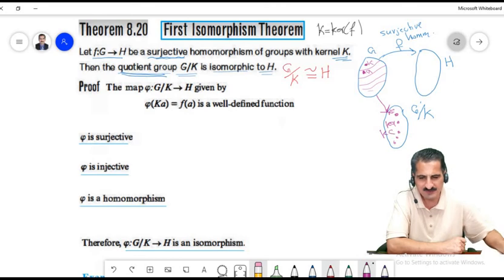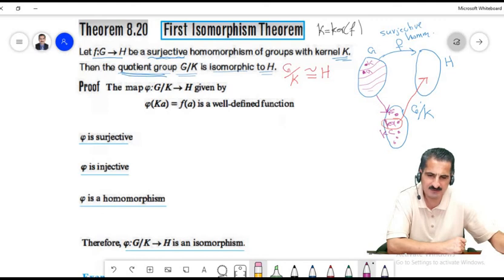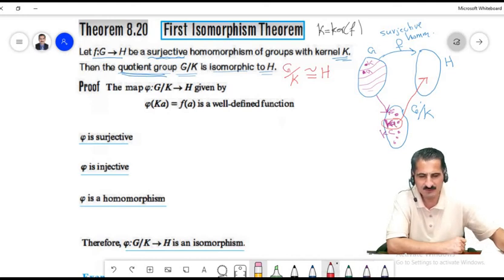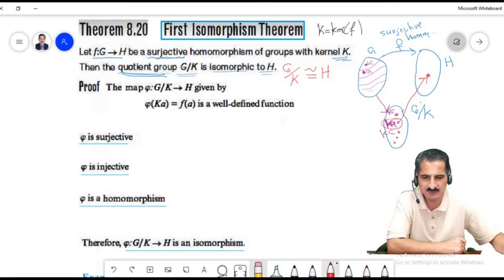Now what's happening here, we will take that KA, so again let me make my diagram a little clear. This is the coset KA represented by some element A. We will create a map and take it to where? To F of A. Now what's happening here?